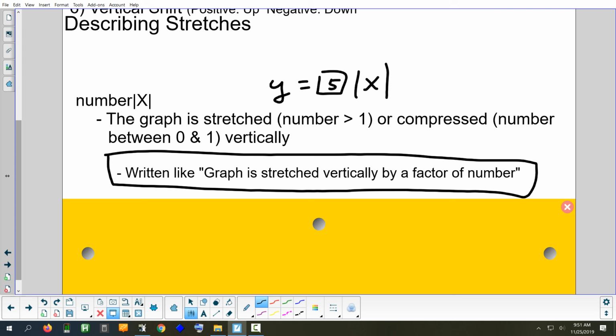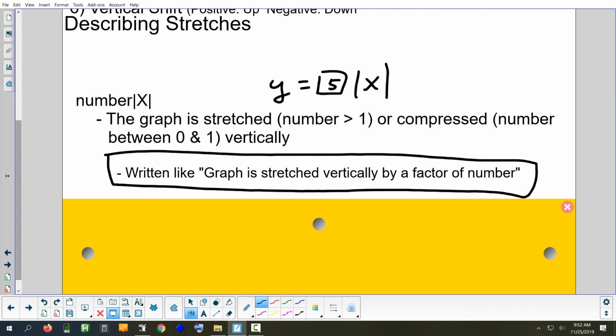Right? Think about what happens to like a piece of Play-Doh. If you put it on a table and you push down on it, it gets short and it spreads out. That's exactly what would happen to the V shape. If you put a number in front of the V shape that's a small number, like a half, a half would make it half as tall. A 2 would make it twice as tall.